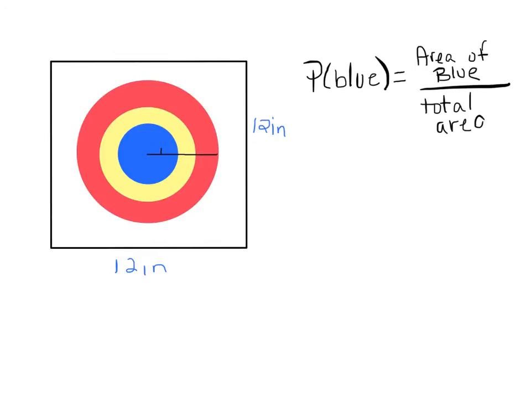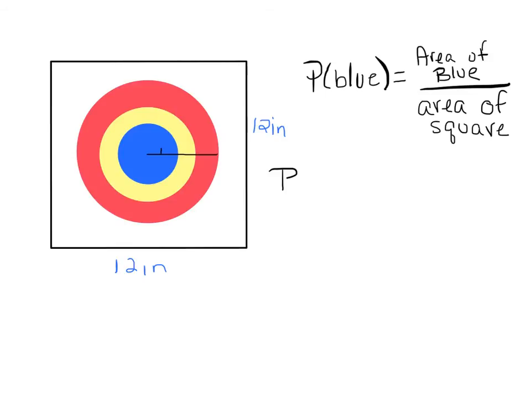And since the total area of the dartboard is the square itself, we're going to replace this. Instead of talking about the total area, we're going to say that it's the area of the square, because that is the maximum area possible, unless you hit the wall. Okay.